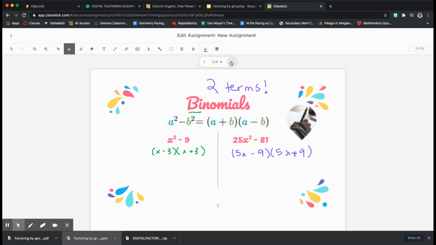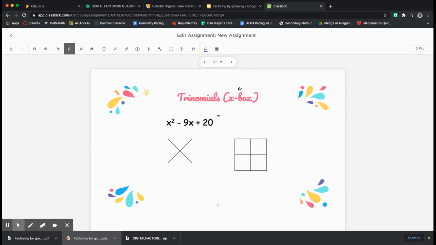All right, and then the very last one we've already spent some time on is trinomials. So trinomial, like a tricycle, means we have 3 terms. And this is where we're going to use our Xbox strategy, right? We're going to ask ourselves, factors of 20 that add up to a negative 9.